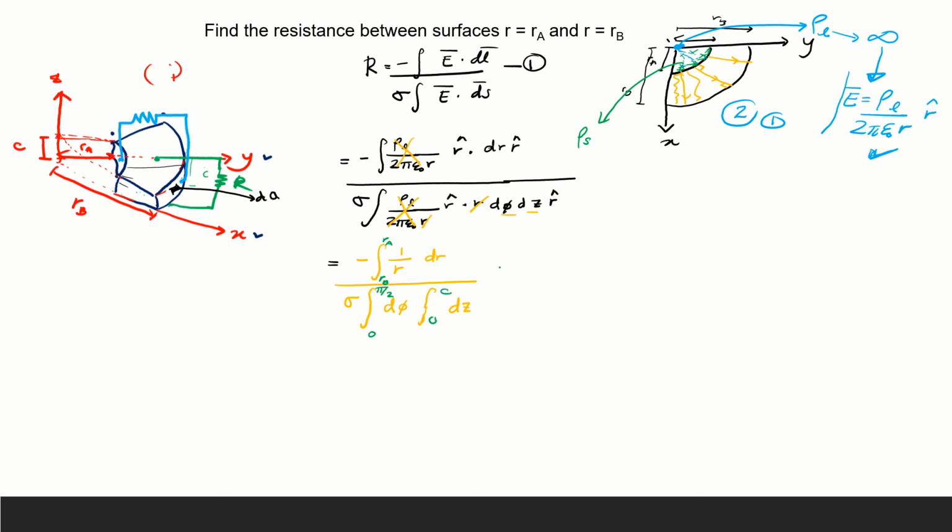If you solve this equation, you will get ln RB over RA divided by sigma pi over 2c, which simplifies to 2 ln RB over RA over sigma pi c.